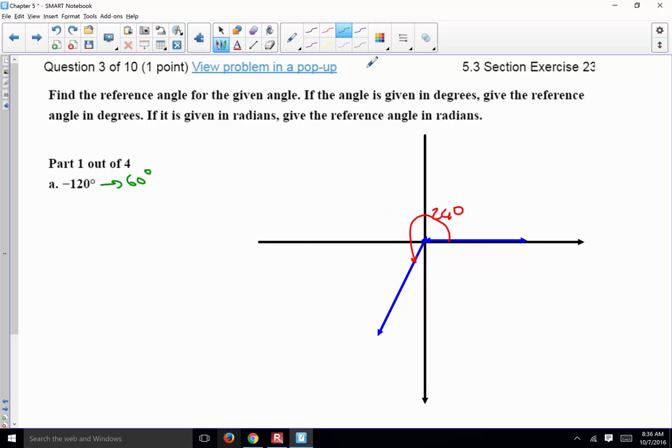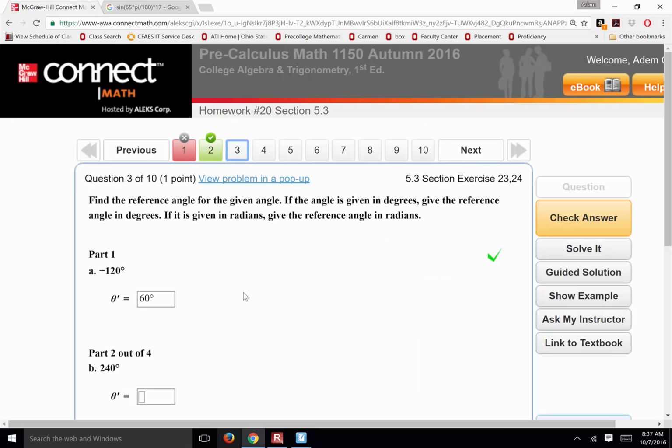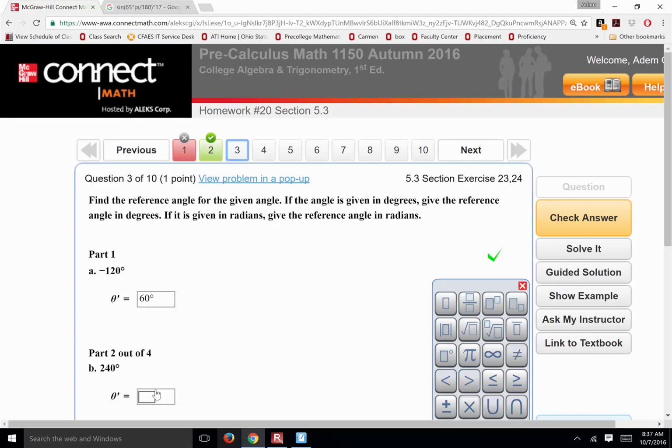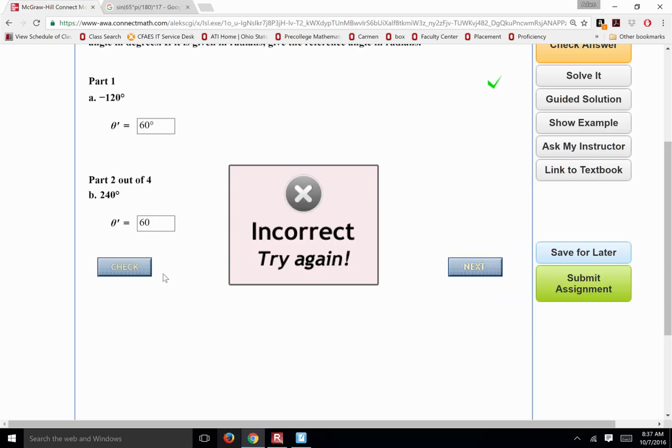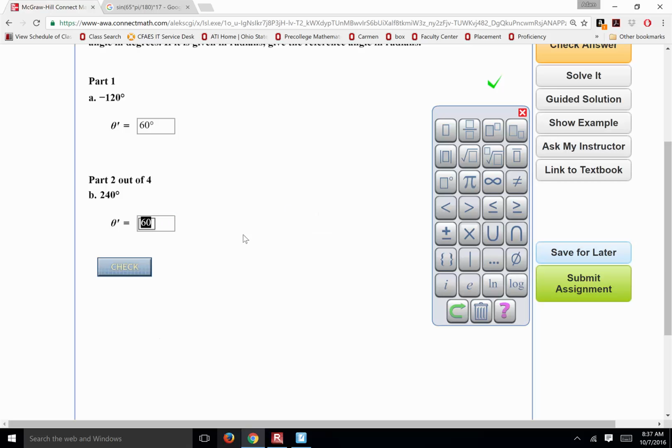So which side would you go? Forward, backward, left, or right? Exit. Of course, left. It's the same. 60. Ah, I forgot the degree again. I'm glad we have more attempts.